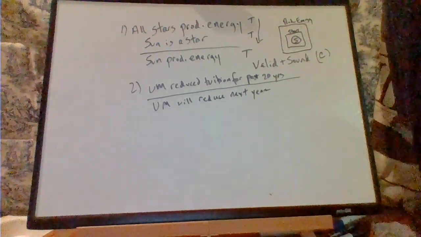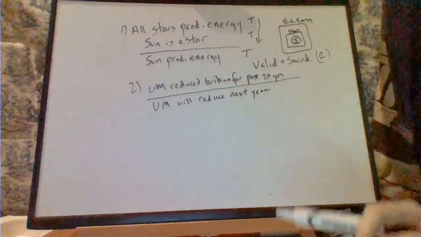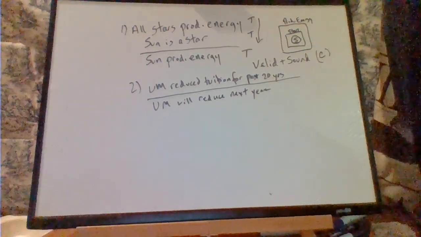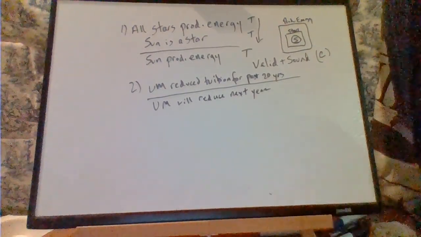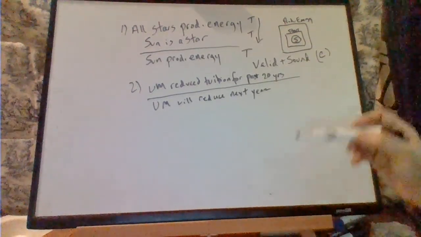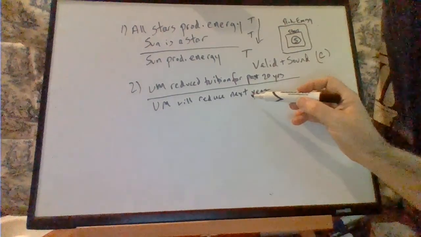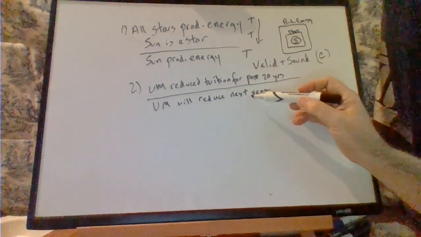Okay. So the University of Michigan reduces tuition for the past 20 years. Therefore, the University of Michigan will reduce tuition next year. So looking at this, we are looking at the past to make a prediction about the future. So we know we're dealing with induction.